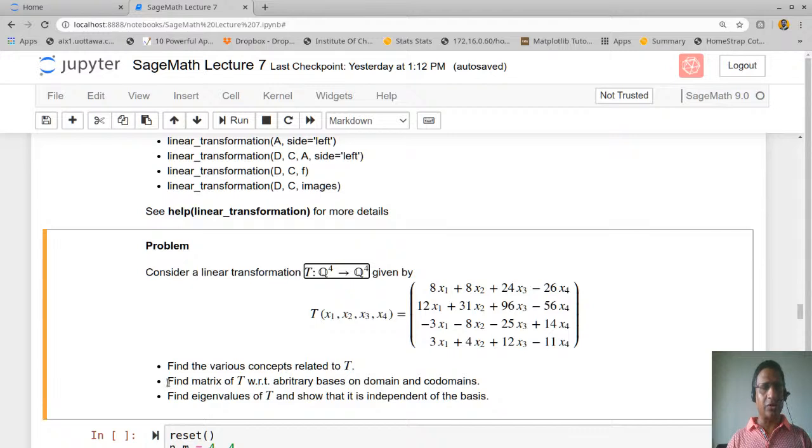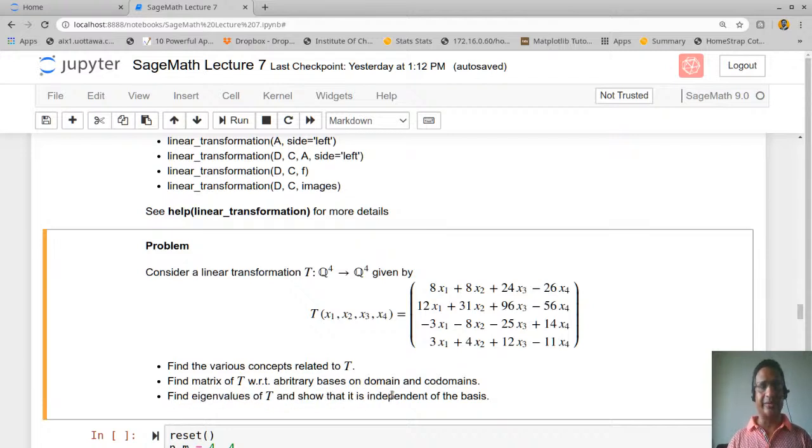Similarly, we can find the matrix of T. By default it will give you the matrix with respect to the standard basis on the domain and codomain, but you can have some arbitrary basis on the domain and codomain, and with respect to that basis also we can find the matrix. And you can also find the eigenvalues of that linear transformation.